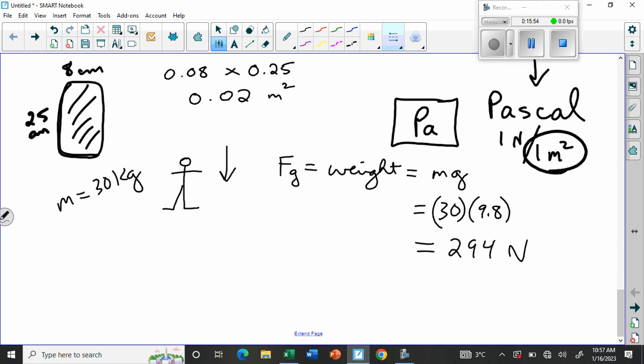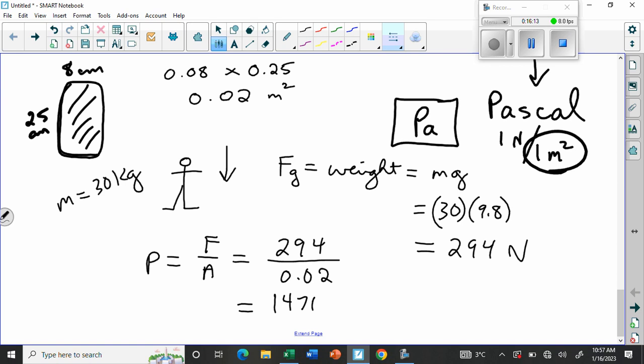And so now you can figure out how much pressure you are exerting on the floor by saying force over area, and that would be 294 divided by 0.02. And it's actually a pretty big number. It's going to come out to 14,700 pascals.